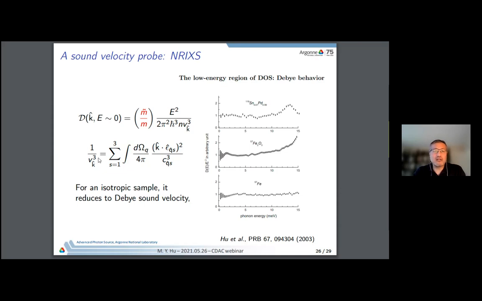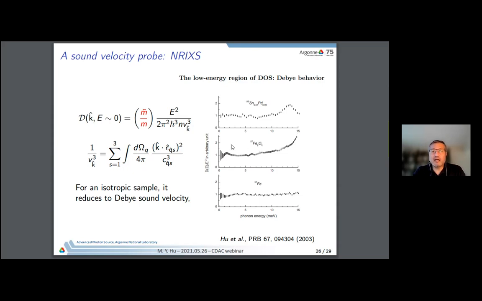Theoretically this is an average, but in many cases you can approximate it into something simple, and then relate it, with a little more information from other methods, to the bulk modulus and all that. Actually, from this one, you can figure out the transverse velocity and the longitudinal velocity. I guess in seismic waves, that's important.